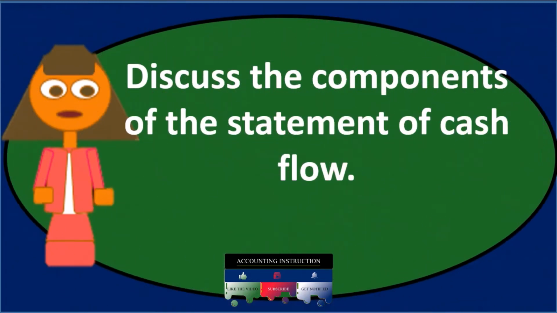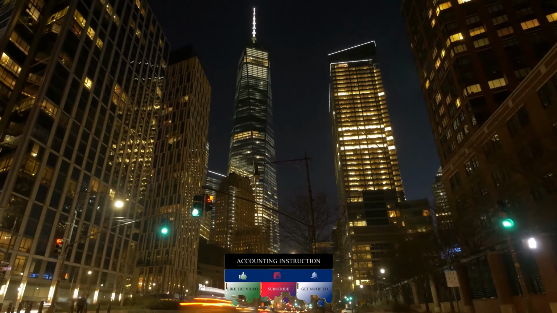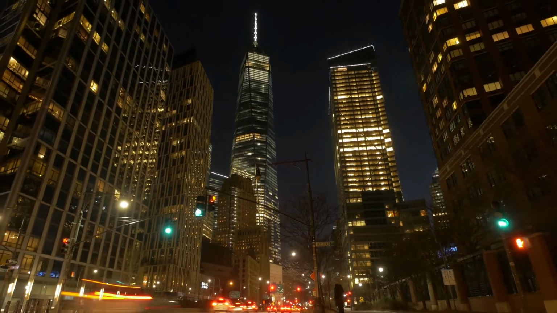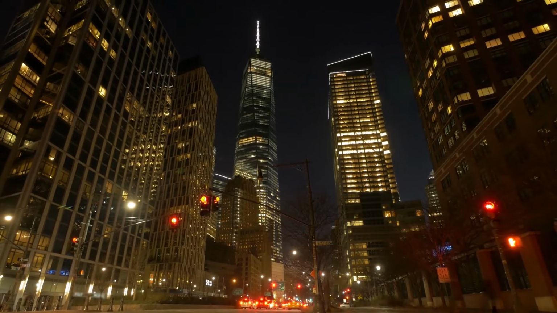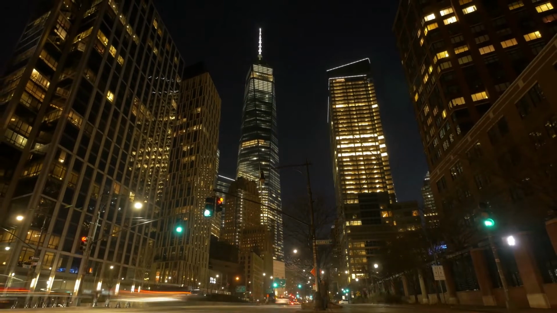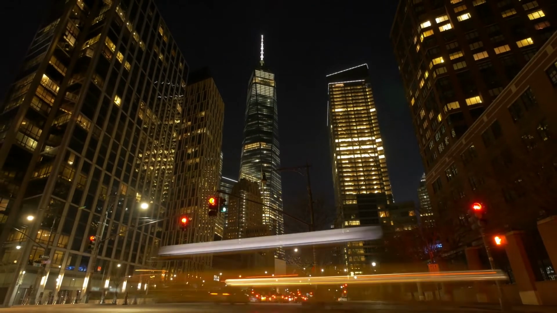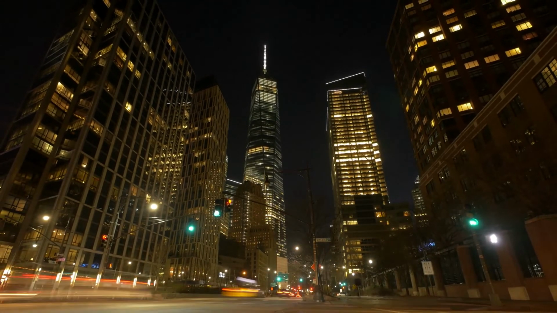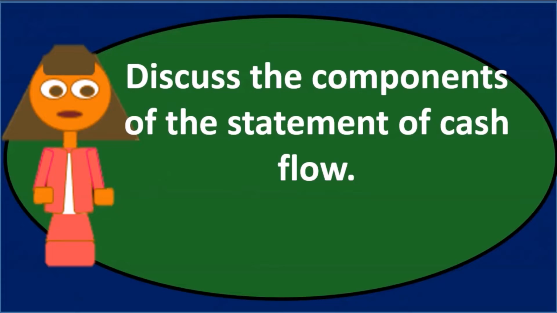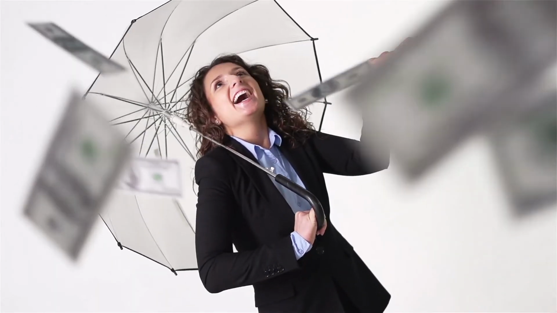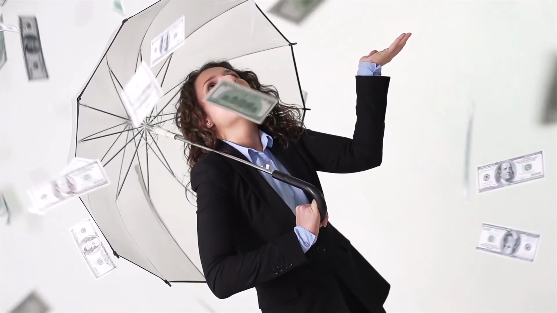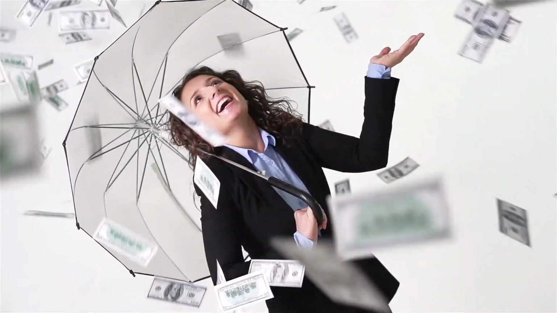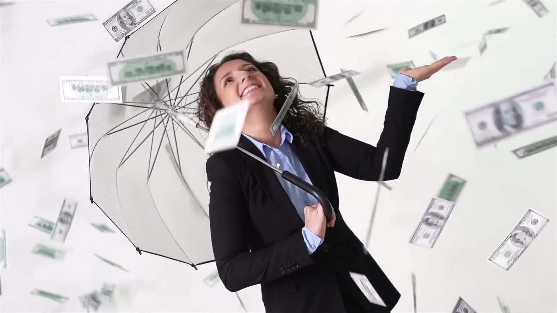So if the owner invests in the company by issuing stock, or if it's a partnership or a sole proprietor, the owner putting money into the company, that would be a financing activity. Or if we got a loan, financing activity. If we paid back a loan or paid back the owners with dividends or withdrawals to the owners, those would be examples of financing activities.